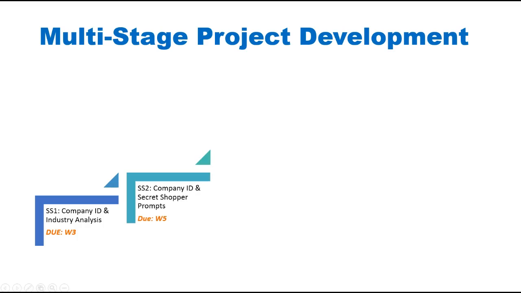The next stage is SS2, or Secret Shopper 2, and this is where if you have not chosen an appropriate business, you have an opportunity to make another choice. This will allow you to meet the expectations of the project and be able to proceed productively and efficiently through the latter stages.